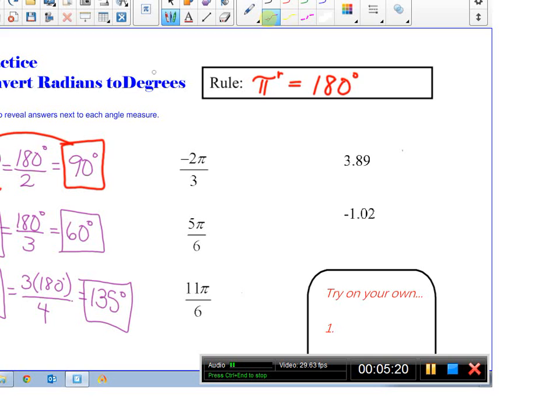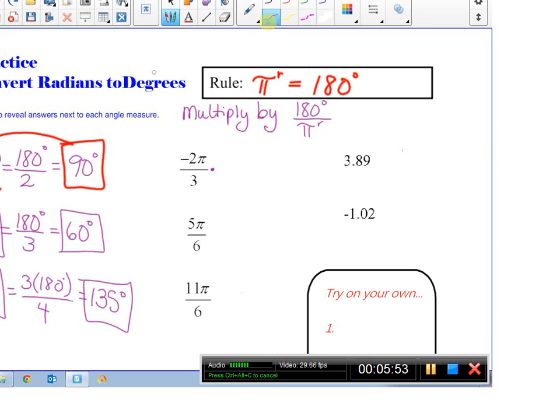Okay. Now there is another method that I do want to discuss because we'll need something similar to go the other way. If we are converting to degrees, then we can also multiply our given radians by 180 degrees over pi radians.